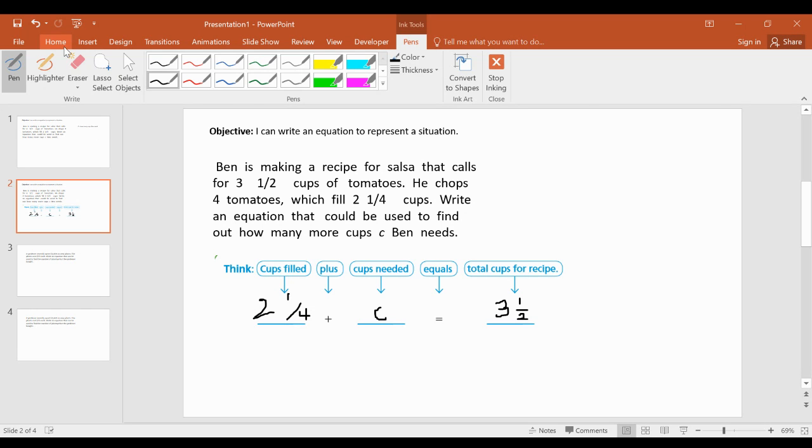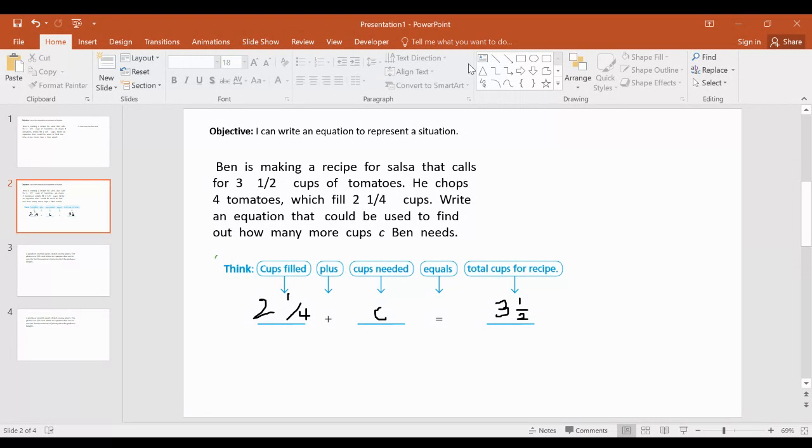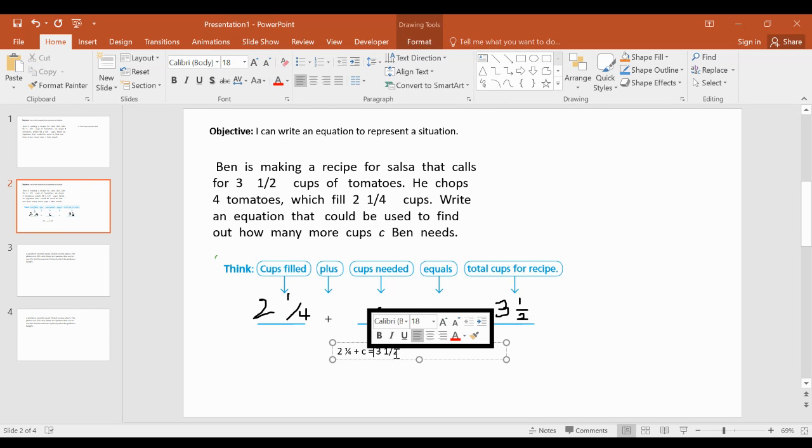This is going to be the equation. So putting this all together, it's going to look like 2.25 plus C equals 3.5. That is our equation for this word problem.